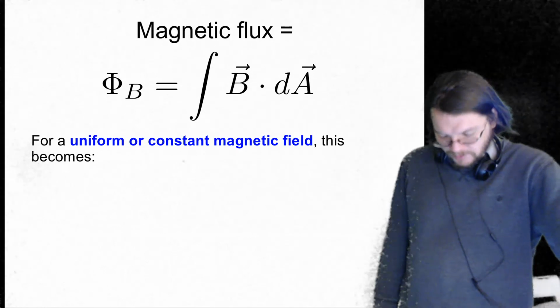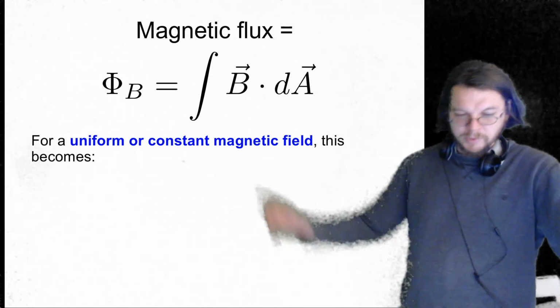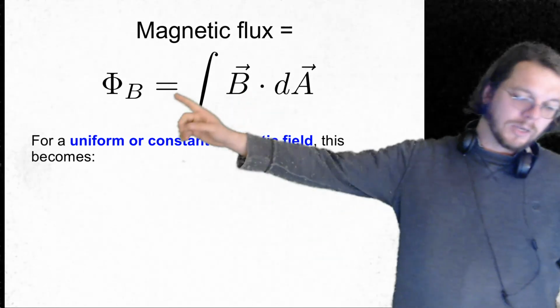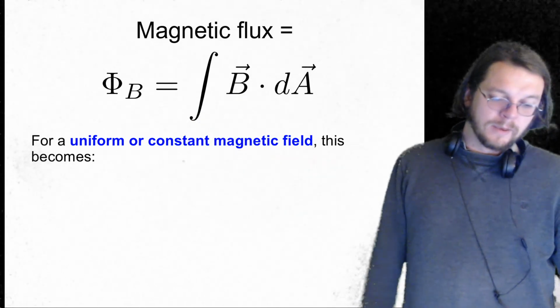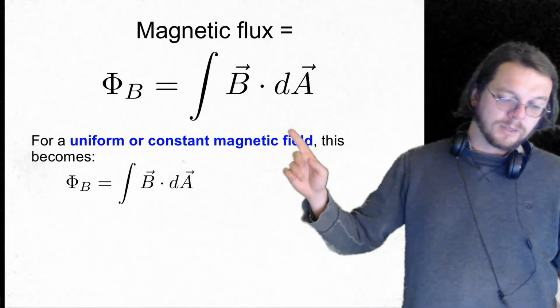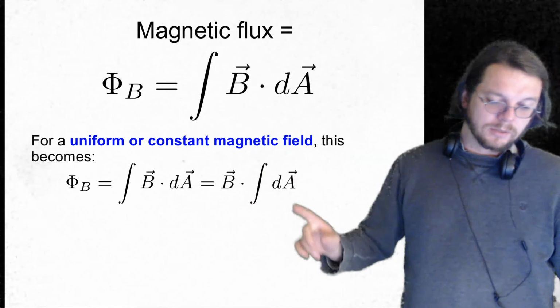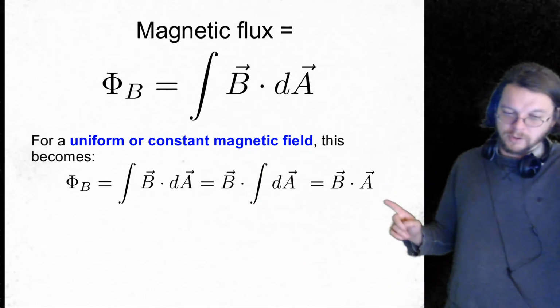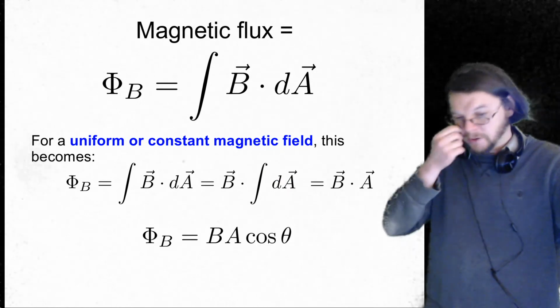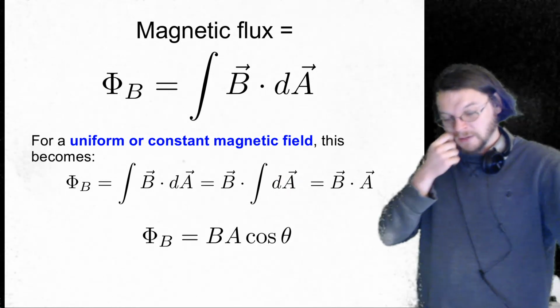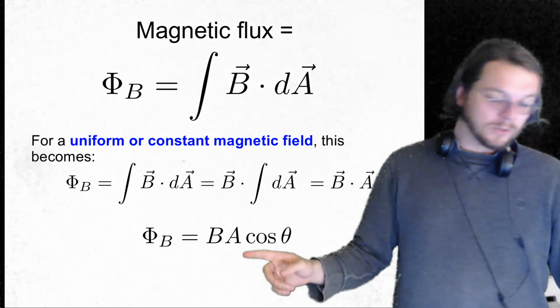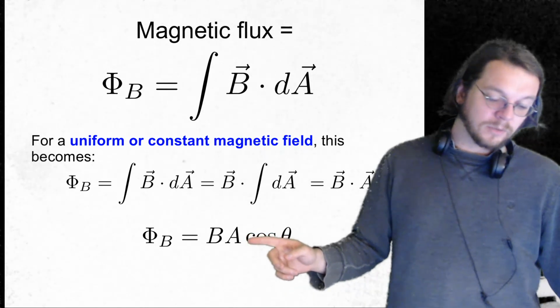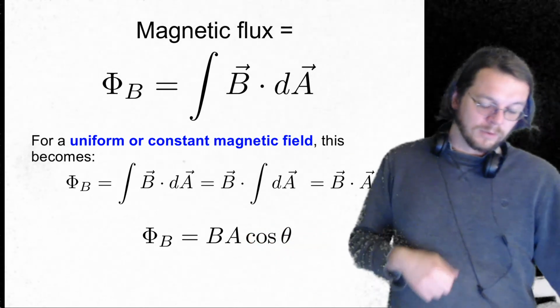If the magnetic field is constant, then remember, any constant in an integral, you can take out front. Then you can rewrite this like this. The integral over the area is basically just the total area, and then the dot product gives you a cosine theta. So the magnetic flux in situations where you have a highly uniform magnetic field looks like this.